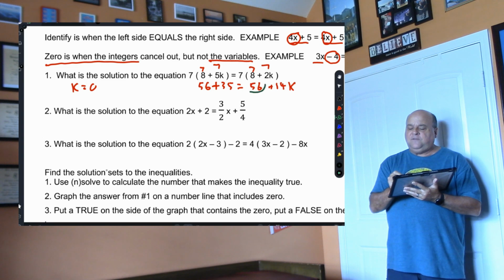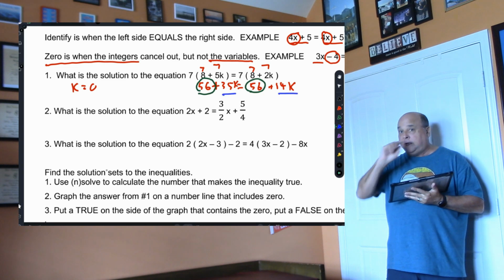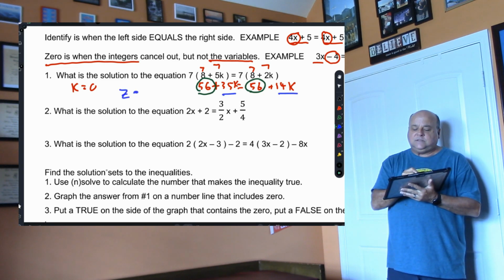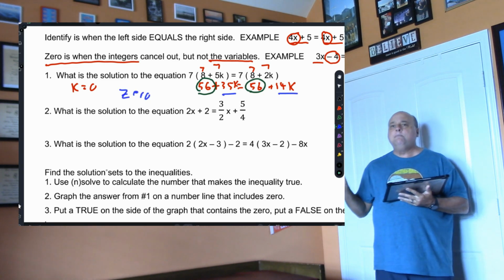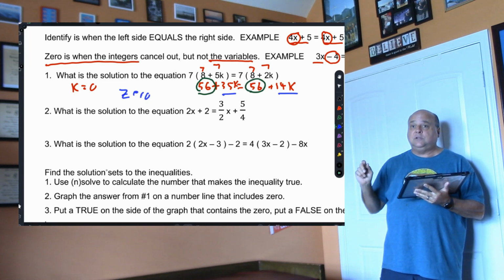Notice the 56's are the same, and this should be a k right here, 35k, but the letters are different. So if the numbers are the same, but the letters are different, the answer is 0. If the letters were the same, then it would be infinite solutions.